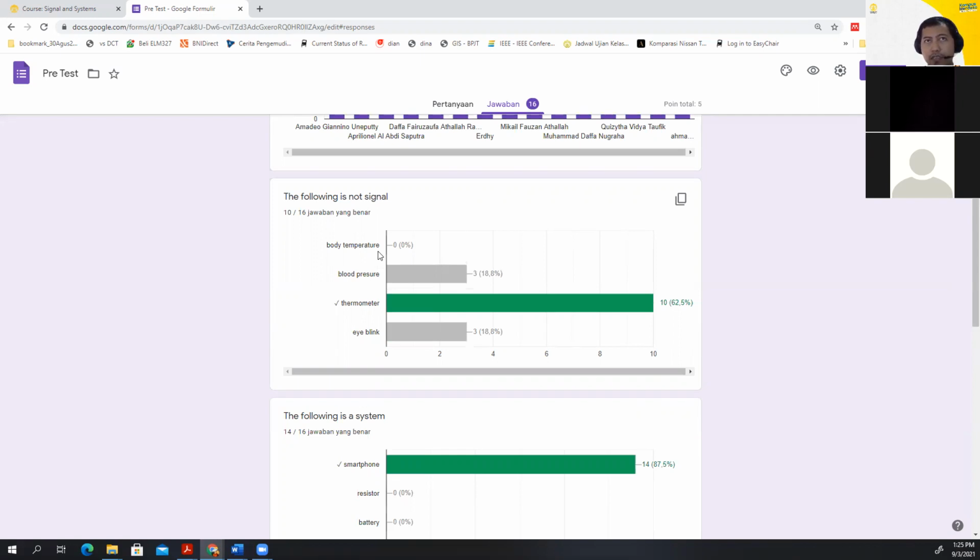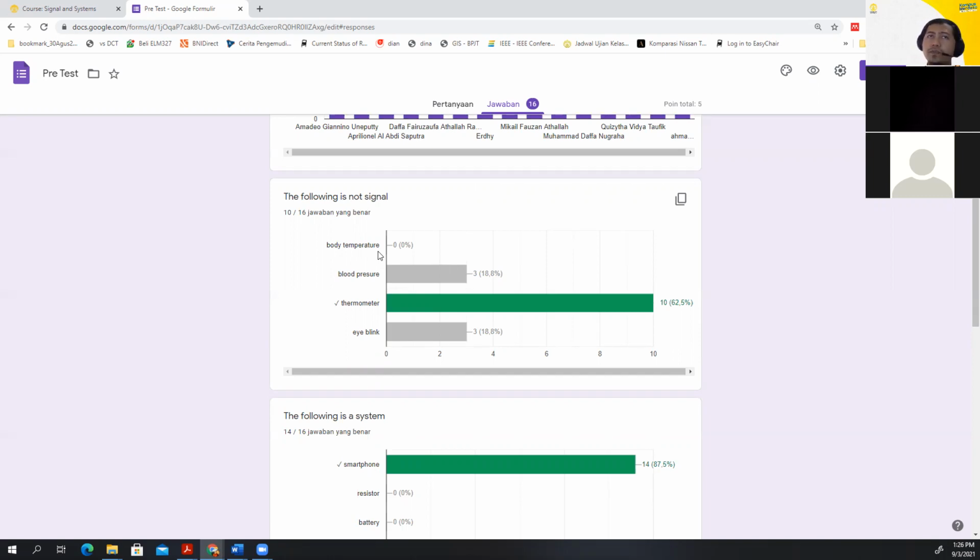So what we can conclude is that our body temperature tells us the condition of our body. So it's kind of a signal, bringing information from our body, so that the doctor or health worker can determine the condition of our body.